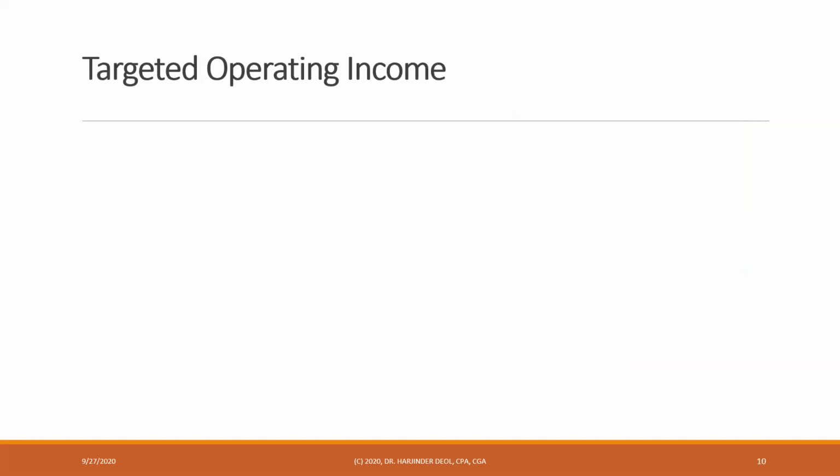Looking at our targeted operating income, your sales is your variable expenses plus your fixed expenses plus your targeted operating income. Your targeted operating income is what the company is targeting. What do they want their bottom line to be? In order for us to achieve that bottom line, what is the level of sales that we need to achieve?